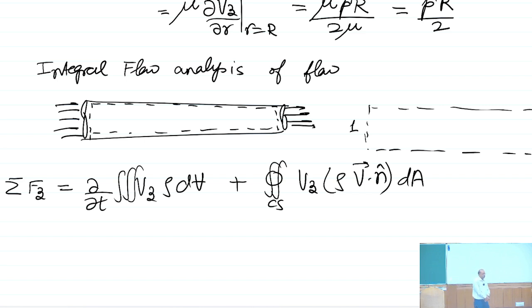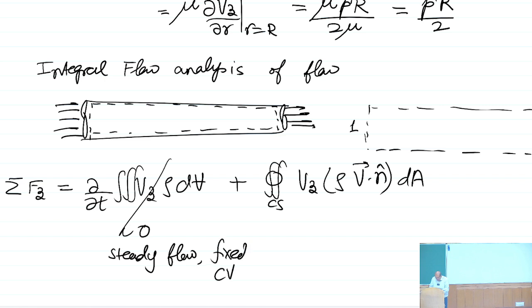Okay. And what happens to the first term here? The first term is 0 because we have steady flow and a fixed control volume. What about the second term, Vz rho v dot n dA?